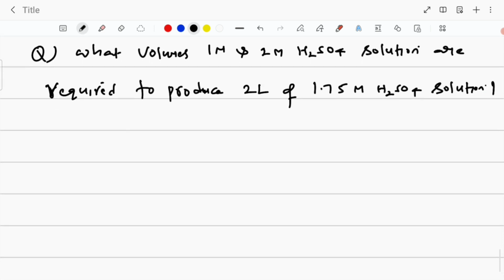What volumes of 1 molar and 2 molar H2SO4 solution are required to produce 2 liters of 1.75 molar H2SO4 solution?